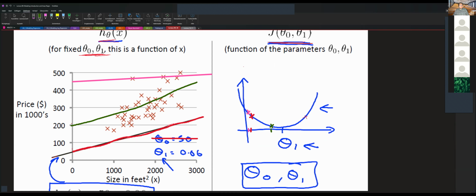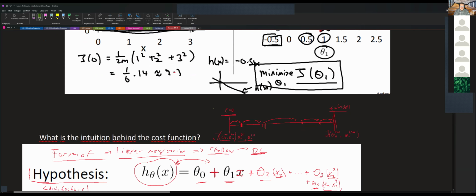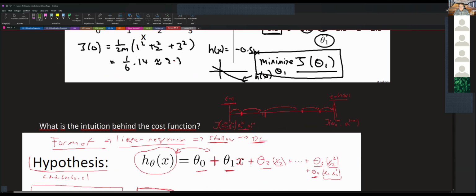So what you see is that for each particular model on the left-hand side, we have one point on the cost function. We measure how good this model is by the cost function. So how good is this parameter combination? Basically, the green one is probably close to here, then the pink one is probably very at the beginning, and the red one was also very at the beginning.